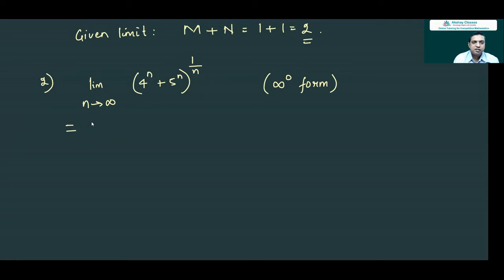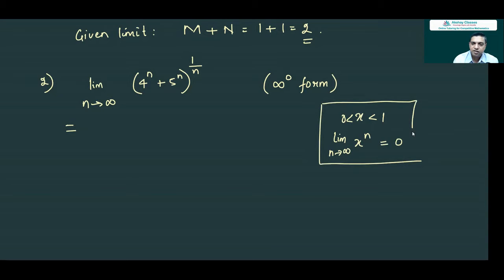Common sense logic is, we know that if a number lies between 0 and 1, and n tends to infinity, x power n will go to 0. This logic we have to use here.